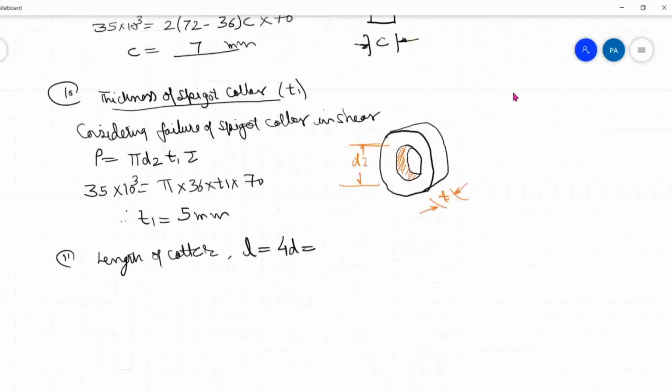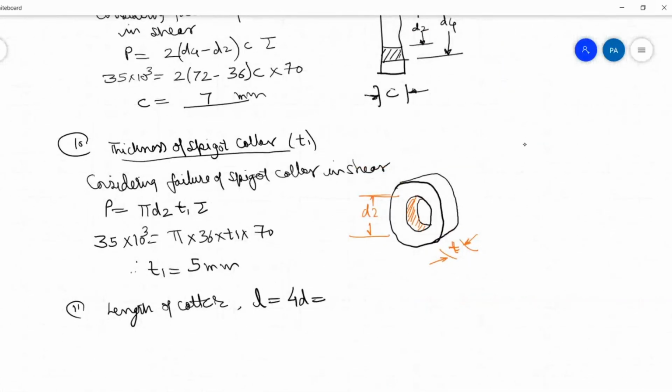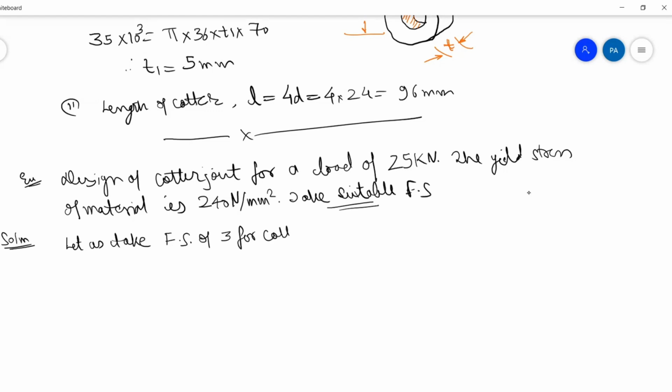So this is 4 into 24, that is equal to 96 mm. So this is a complete design with a factor of safety of 3 for socket and spigot, and 1.5 or 2 for Cotter.